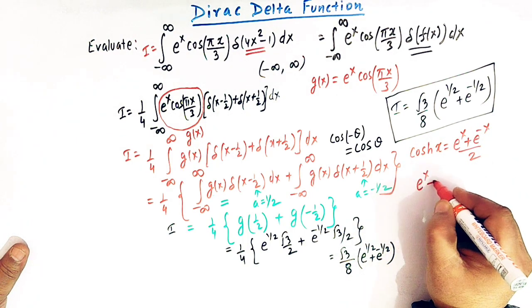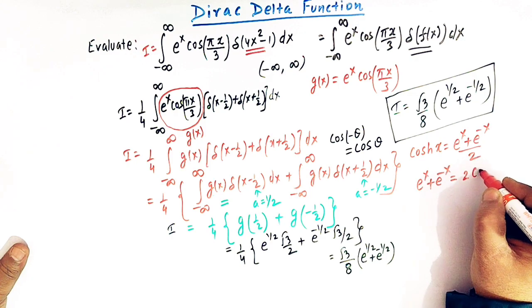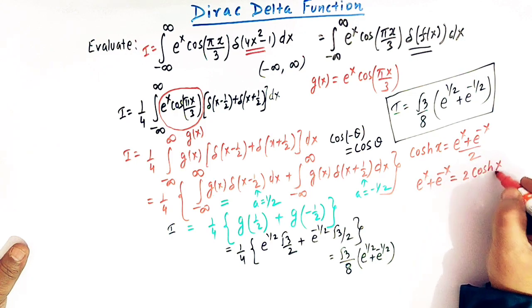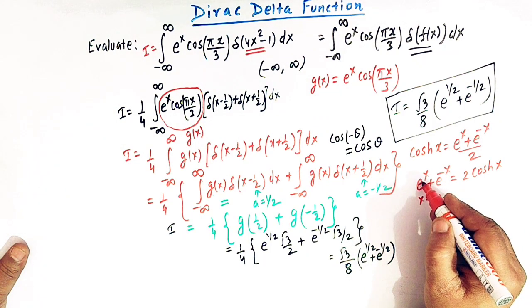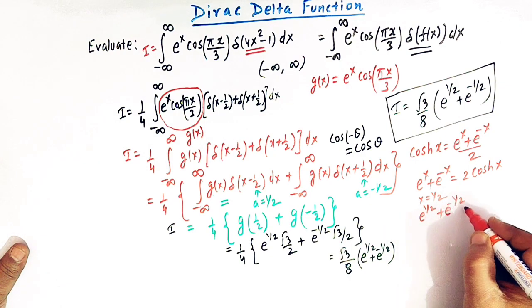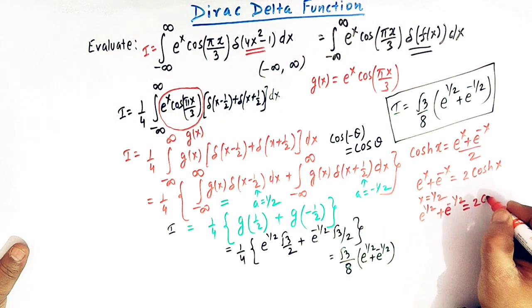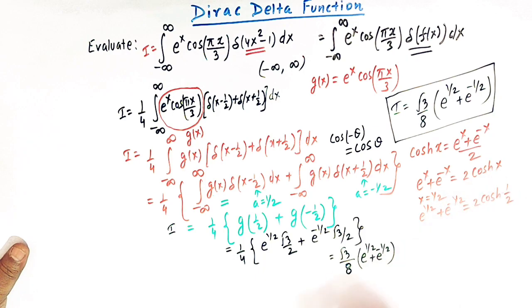So e raised to x plus e raised to minus x can be written as 2 times the hyperbolic cosine of x, right? Now if we take x is equal to half, we have e raised to half plus e raised to minus half equal to 2 times cosh of half, right?